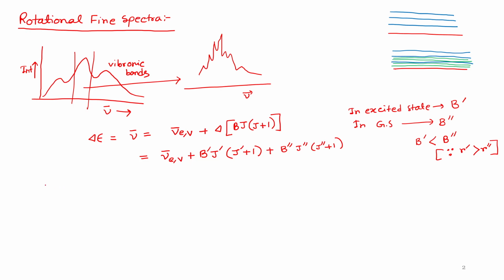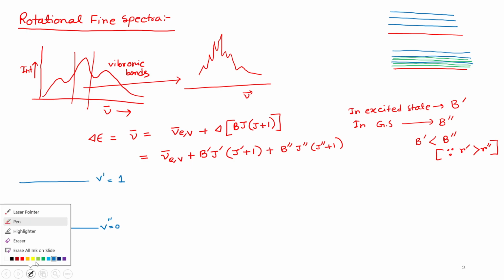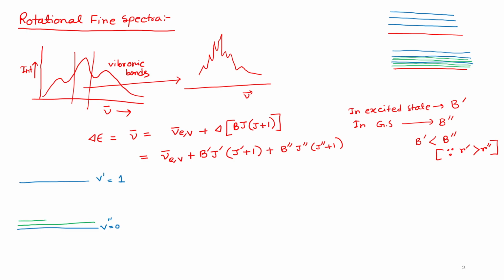Here we are looking at two vibrational levels, v double dash equals 0 and v dash equals 1, of our electronic states, and there are multiple rotational states, J equals 0, 1, 2, like this.